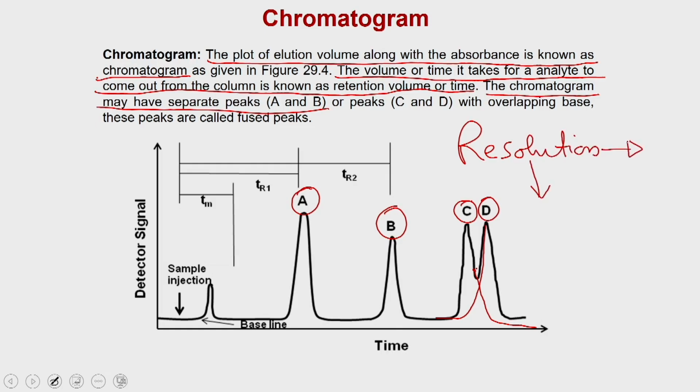One is the distance between the two peaks, for example between A and B, which depends on delta t. The resolution is also dependent on the average width of the two neighboring peaks.